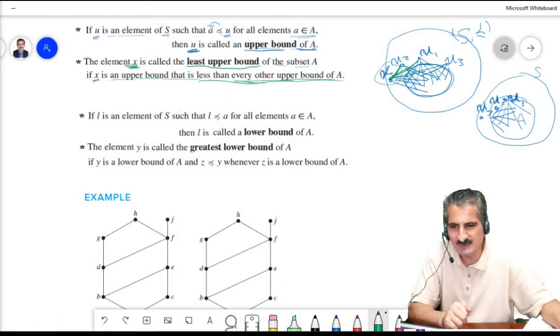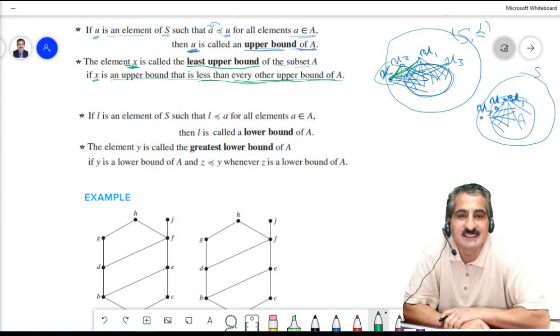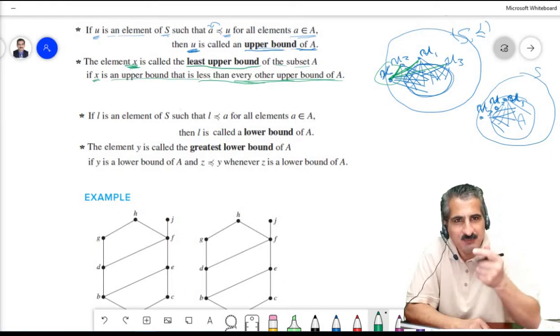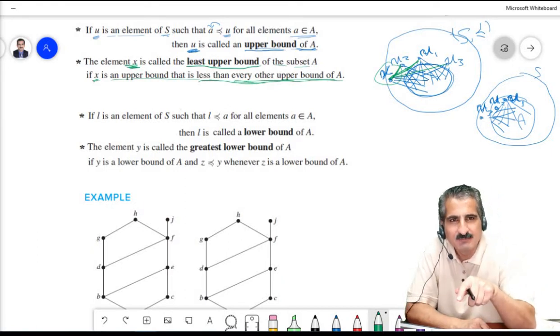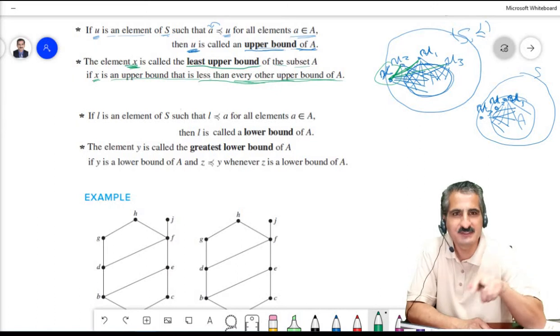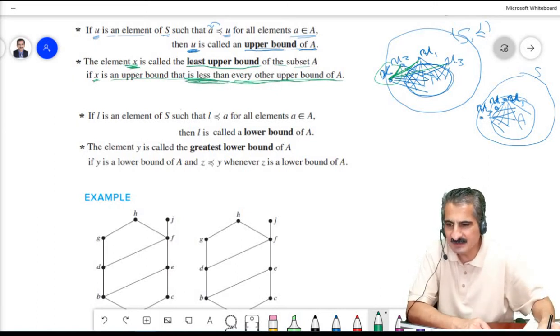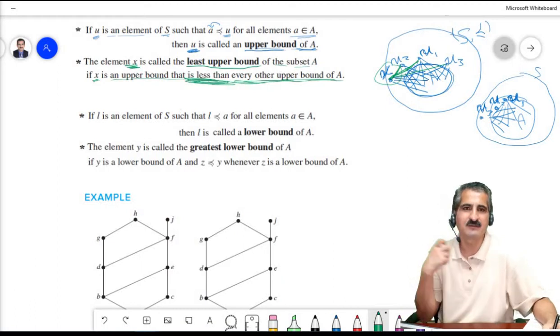So I will say, okay, this X is the least upper bound. So the least upper bound of a subset A is an upper bound of A, but it is the least upper bound. It is less than, or smaller than, every other upper bound.